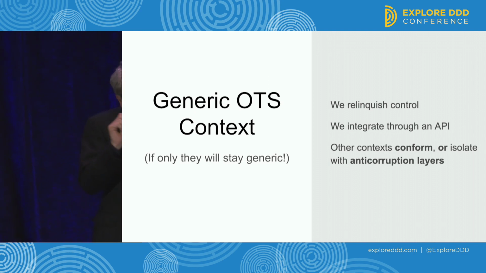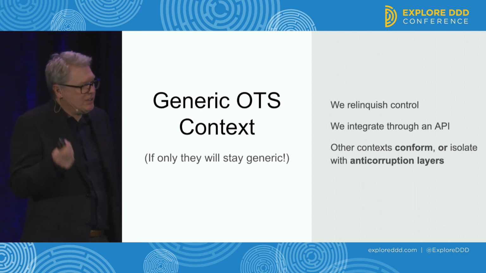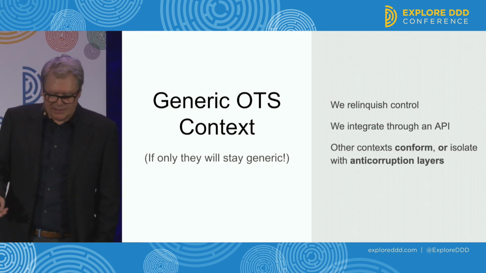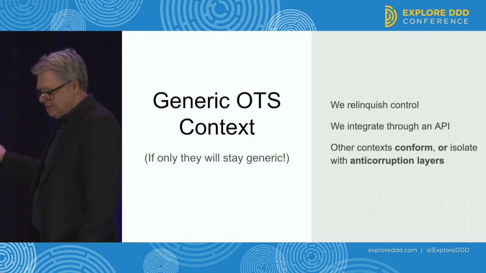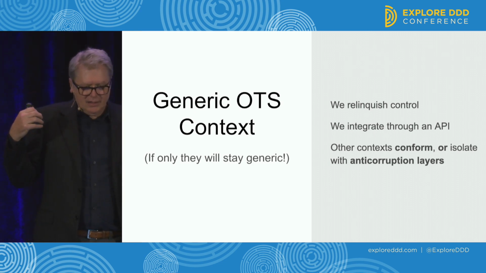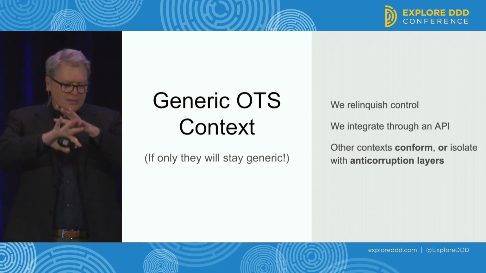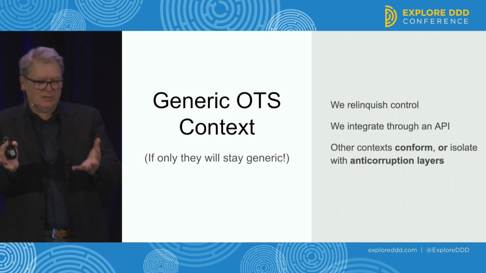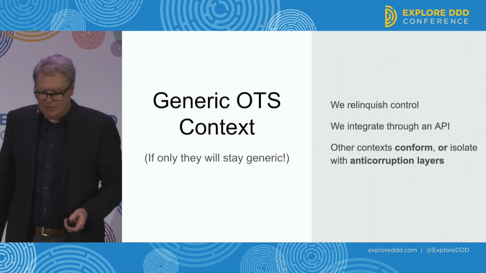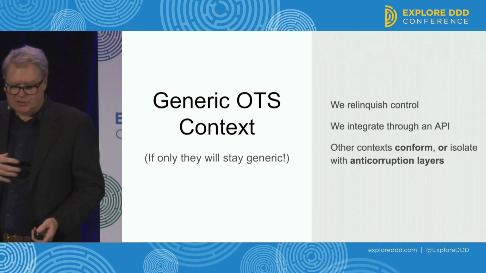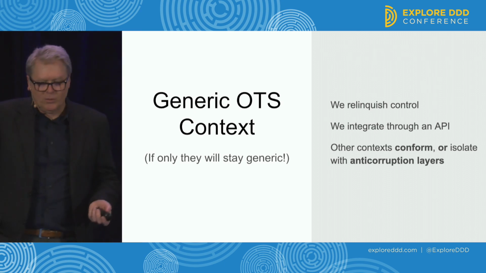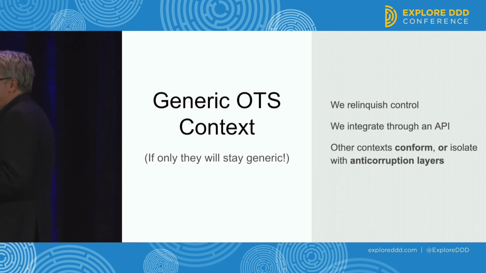Or to distinguish it slightly from a generic off-the-shelf context. Those generally are kept distinct. That is to say, you get an off-the-shelf system, and that is a distinct bounded context. But labeling it as off-the-shelf is part of the nature of the context, and also that it's generic, because you can get off-the-shelf solutions to non-generic things as well, and the implications would be different. What are the consequences of off-the-shelf?